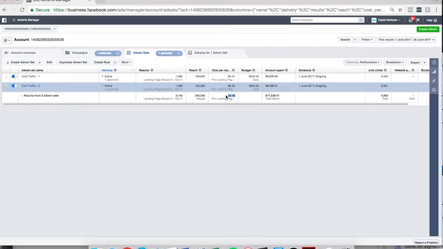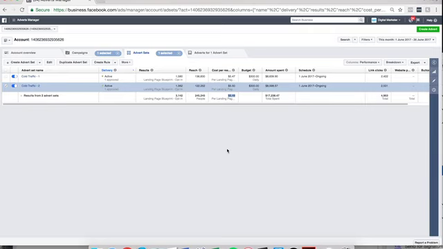So a lot of people ask me, Molly, should I turn off every ad set that's not the lowest? So imagine if we had 5 ad sets here and they were all under $7. Well, if I had the budget and the cash flow to spend money on all of those ad sets, I would keep them all on, right?